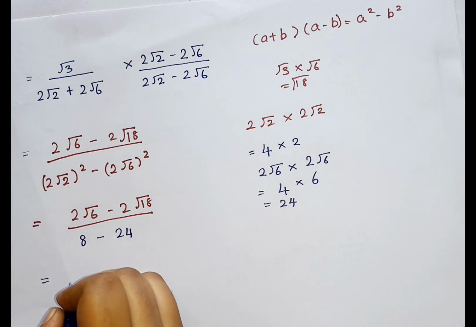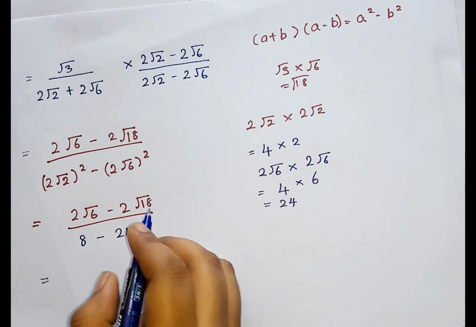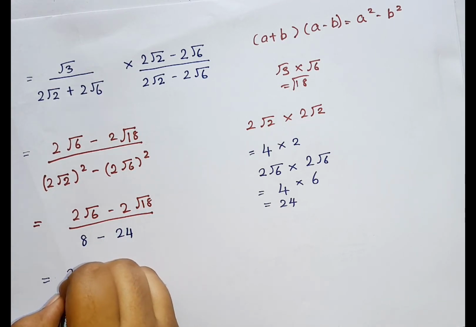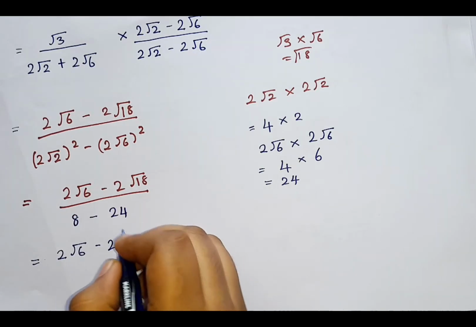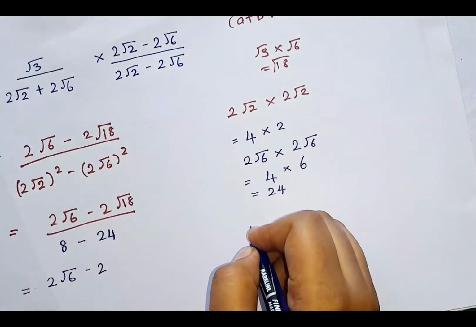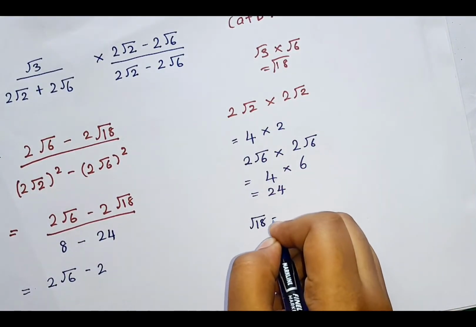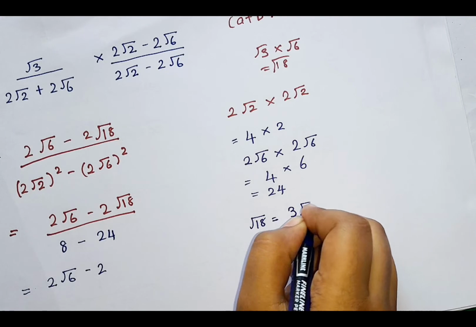So now we can write is equal to, so here we have root 18, right? First I'll write 2 root 6 minus, and I'll write the 2 as it is. So root 18, we can actually write it as 3 root 2. How?